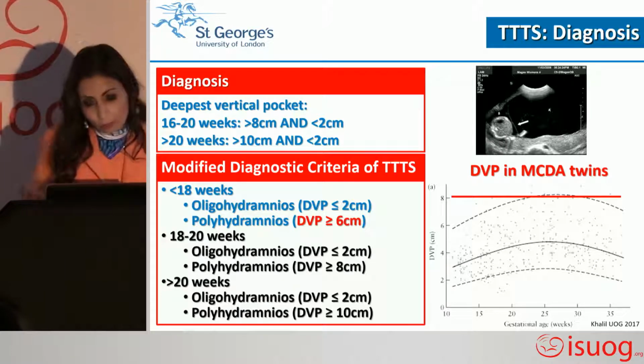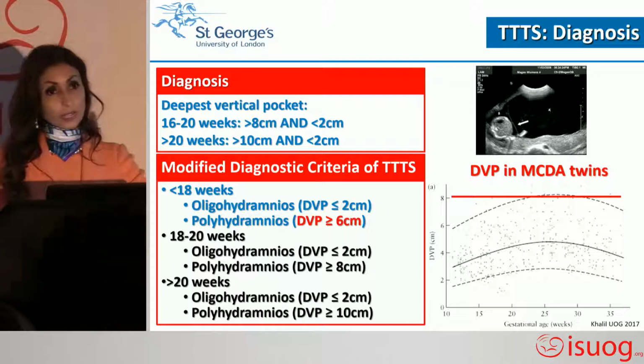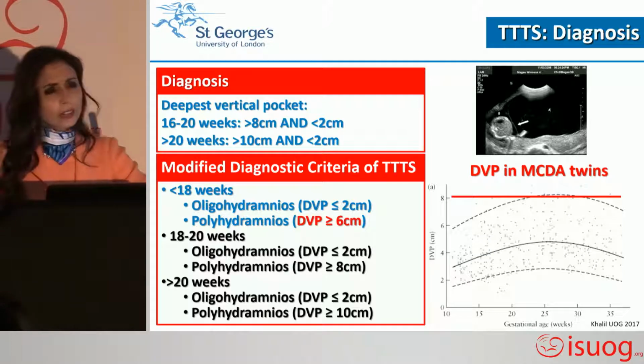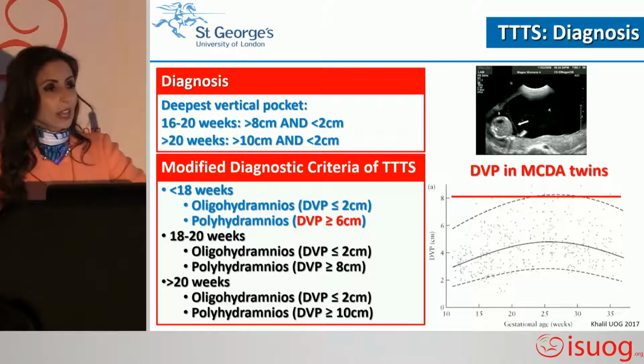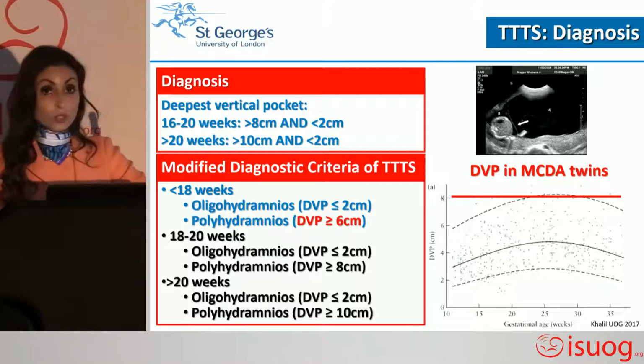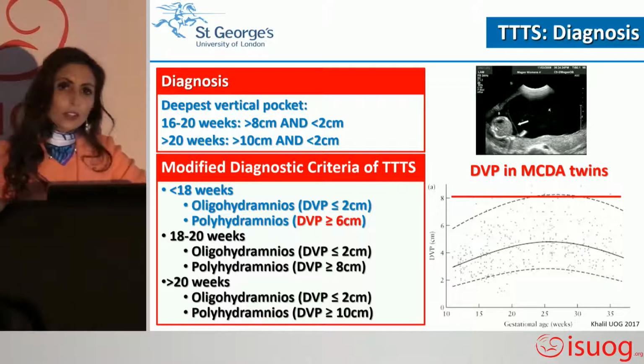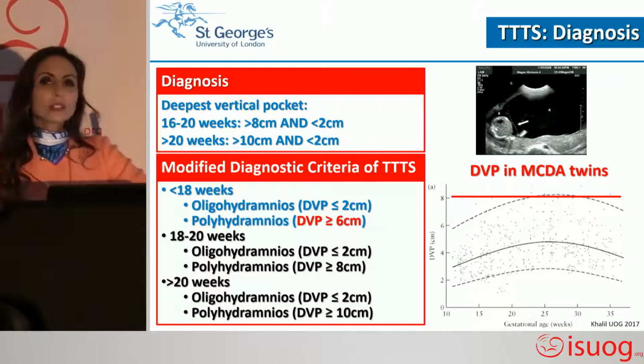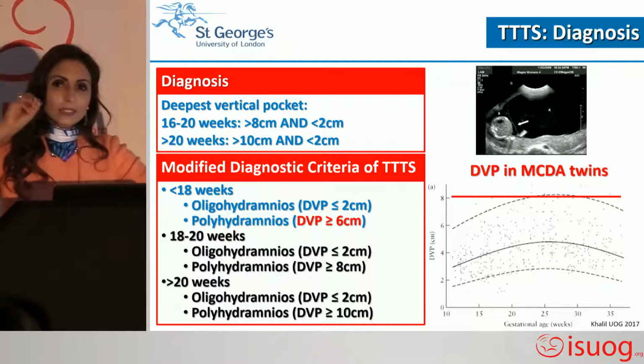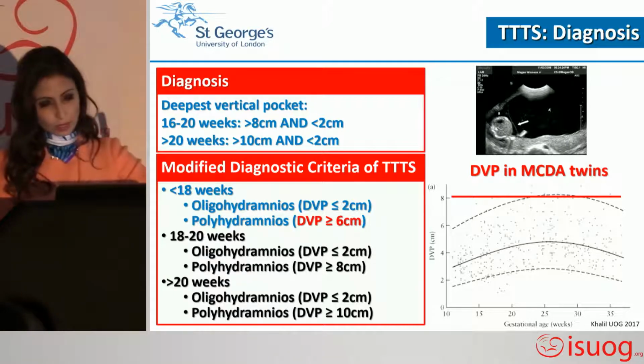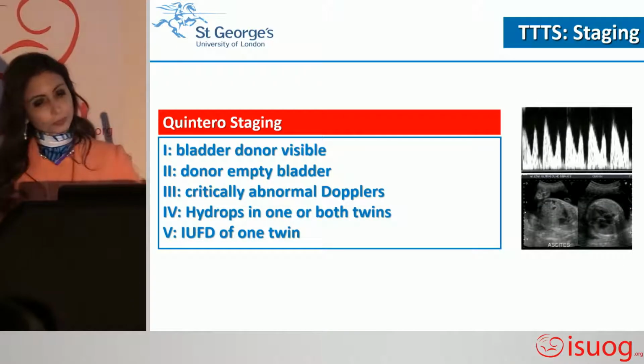Almost all of us would have come across cases with really clear signs of TTTS, including cardiomegaly and abnormal ductus venosus in the recipient, but the deepest vertical pocket never really reaches 8 centimeters at this early gestational age.